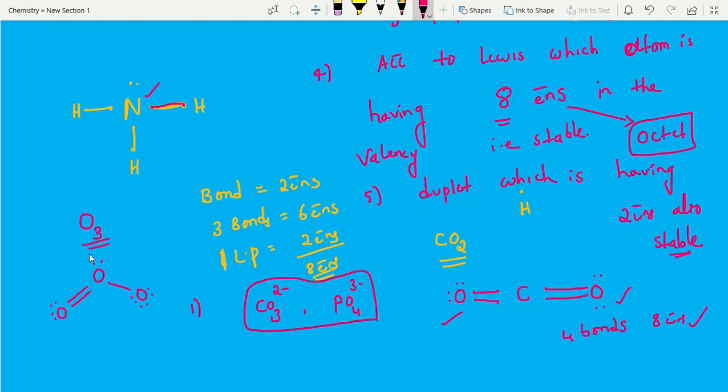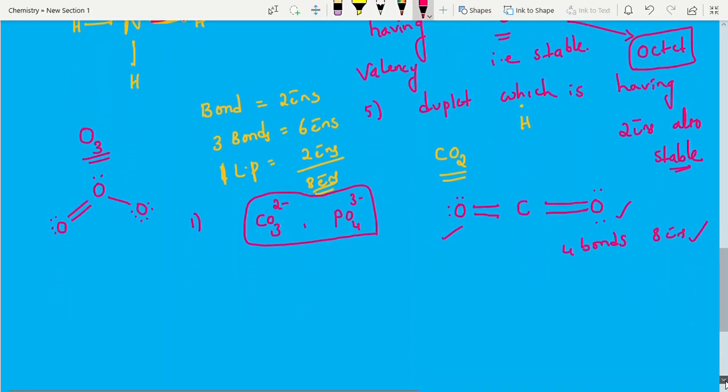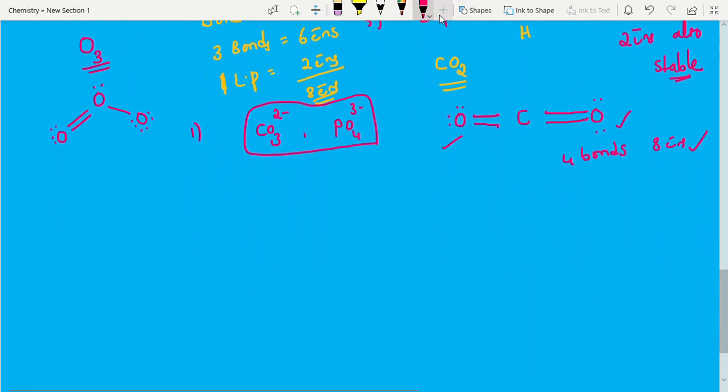Ozone molecule. Here, valence electrons. If you write the electronic arrangement, it will be more clear. You can write like that: oxygen 1, 2, 3, 4, 5, 6. So for the arrangement of molecules, I am writing like this.